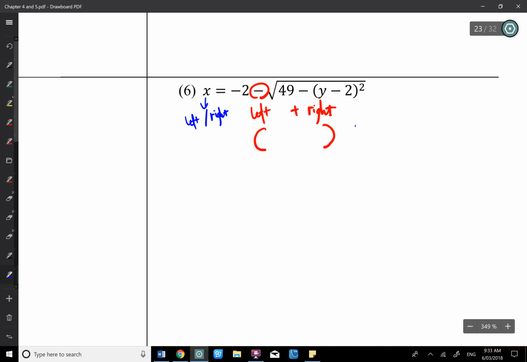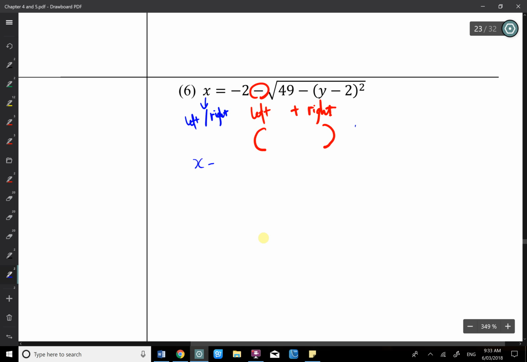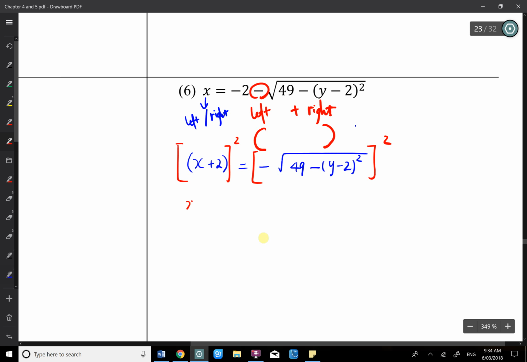Then I want to put it back into the form. So I will put x plus 2 equals minus square root of 49 minus y minus 2 squared. Then I can square both sides to get rid of the square root. Then we have x plus 2 squared equals 49 minus y minus 2 squared.